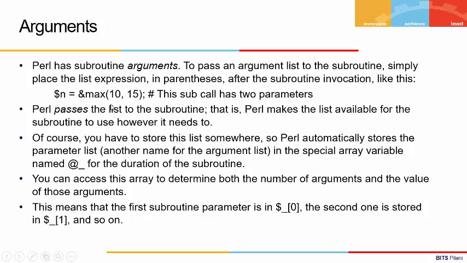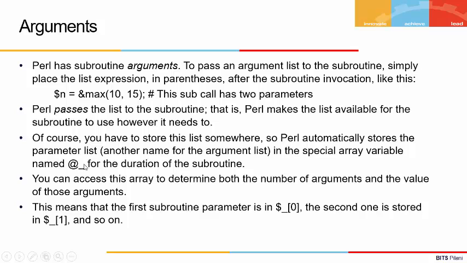Perl will pass this list to the subroutine, and Perl makes the list available for the subroutine to use however it is needed. Perl will also automatically store the parameter list, which is another name for the argument list, into the special array variable @_ while the subroutine is executing.